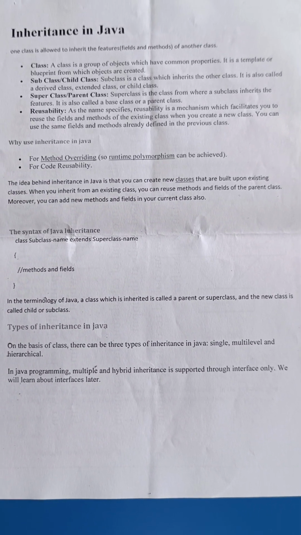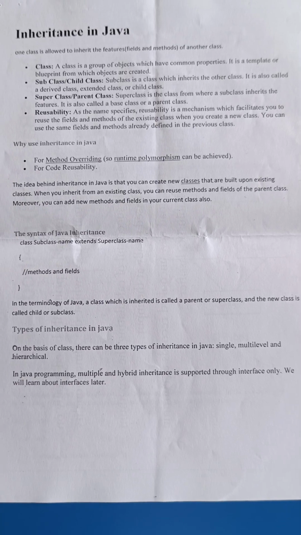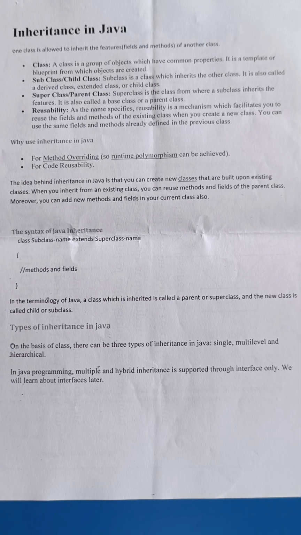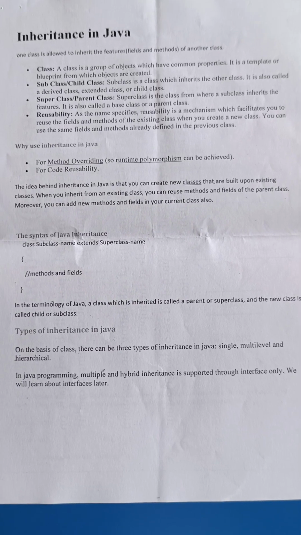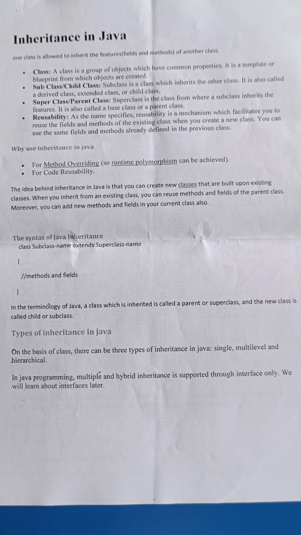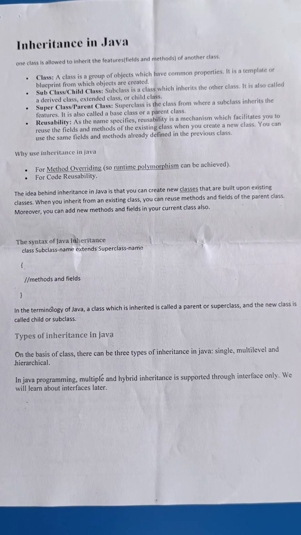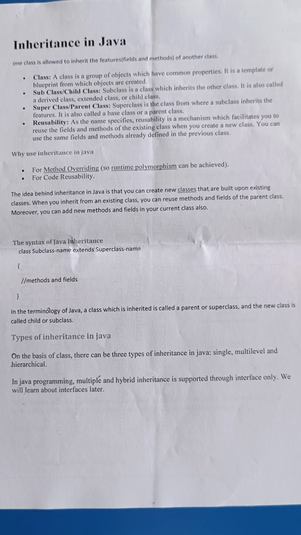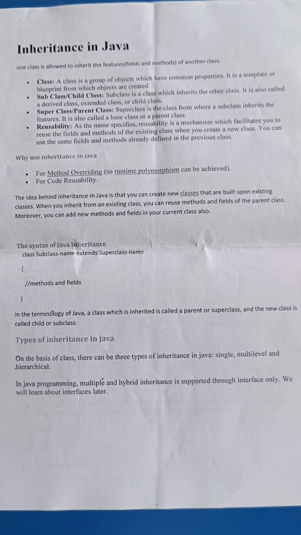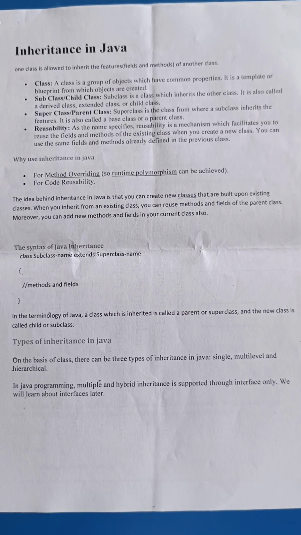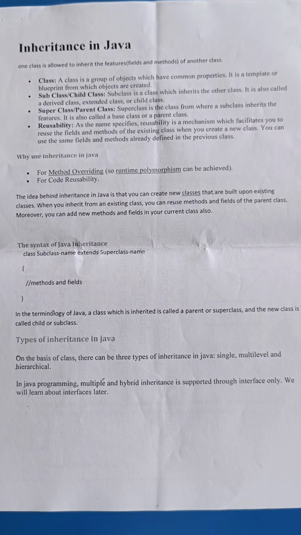Now the subclass can have the features of its own class as well as the parent class. Normally the subclass we call a child class or derived class, and the base class we call the superclass. The superclass we can call a base class or parent class, anything.